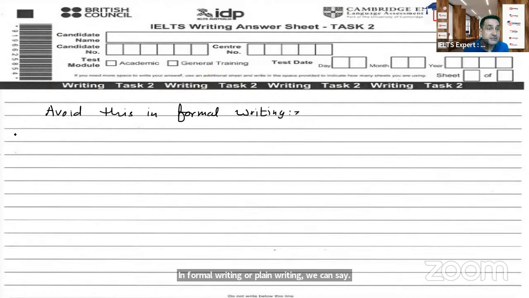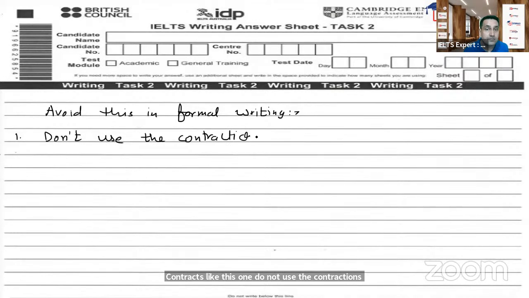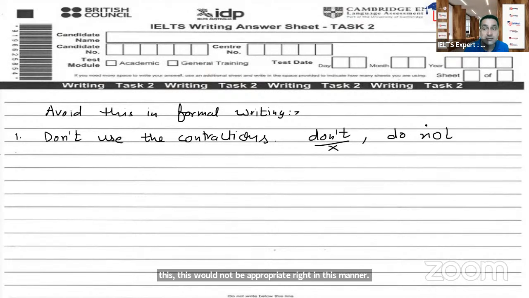So the first thing is do not use contractions. Contractions like this one, do not use the contractions. So in formal writing, if you write like this, it would not be appropriate. Write in this manner. This would be acceptable.